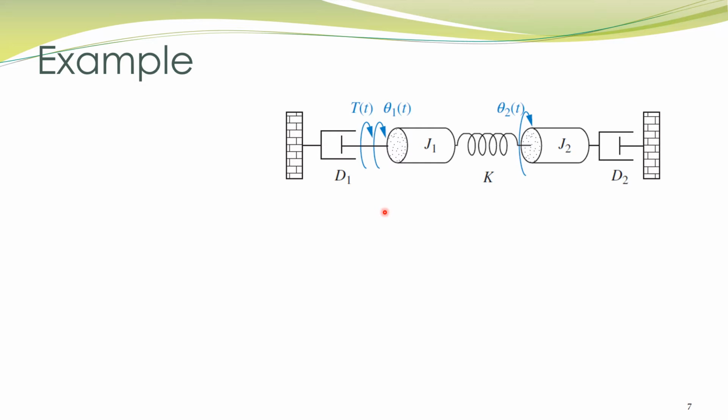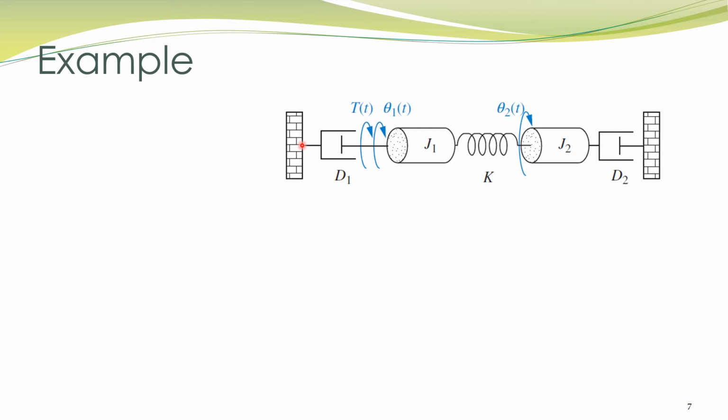So consider, for example, this mechanical system with this inertia J1 and another element with inertia J2. There are dampers D1 and D2, and there is a rotational spring K. We have applied a torque over here, and if we look at this figure from the right, this torque is acting in clockwise direction.